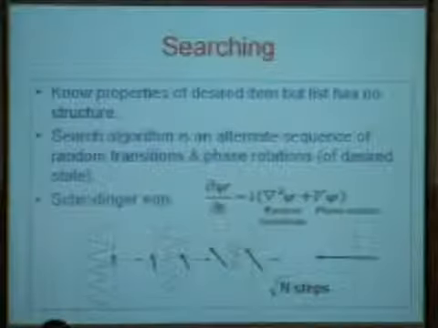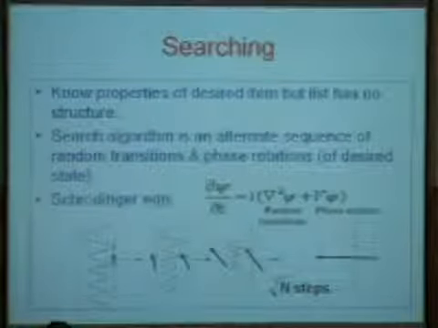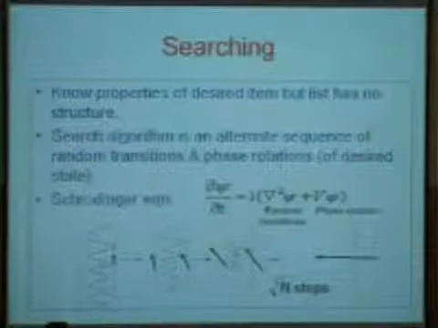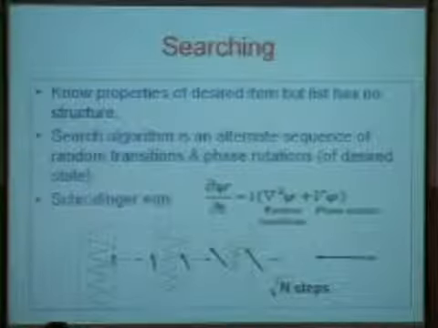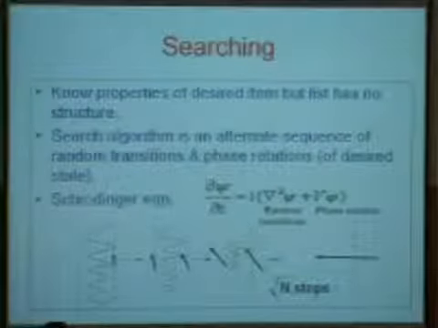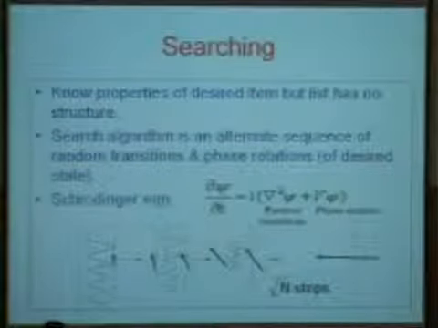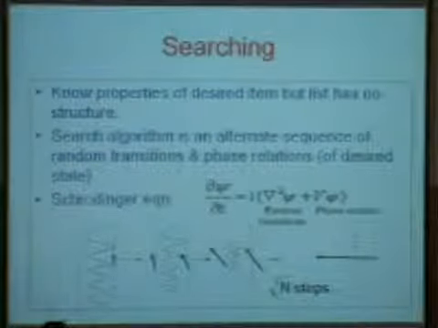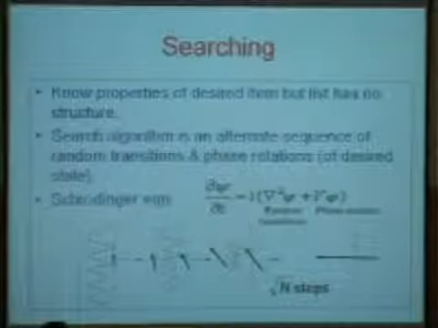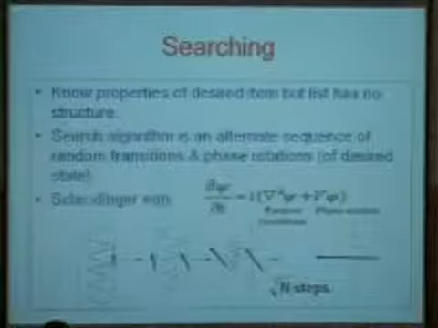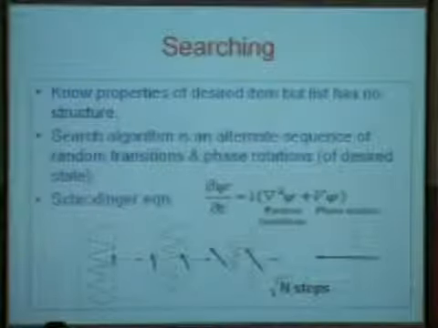The easiest way, or the most physics-oriented way to think of it, is to think of Schrodinger's equation. What this does is it evolves the system in a certain way such that it is a combination of random transitions plus phase rotations.